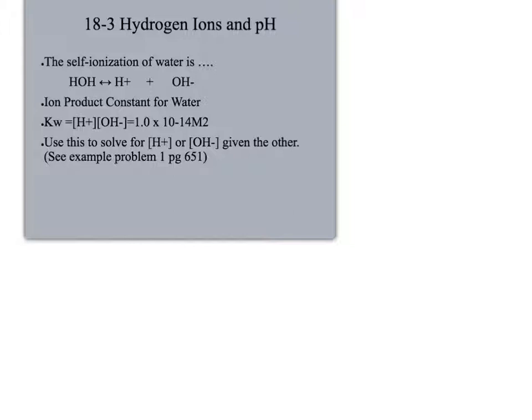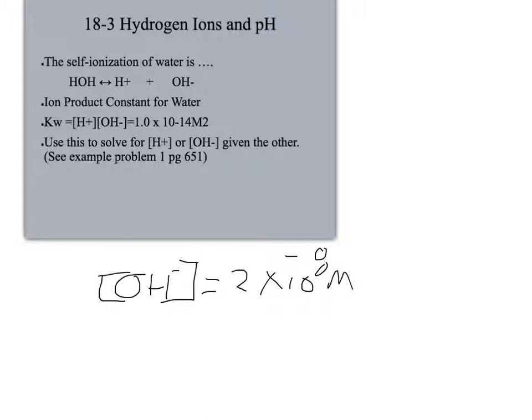So let's say that we're given a problem and they tell us that our OH minus is equal to 2 times 10 to the negative 8th molarity. And we're trying to find out what is the H plus.